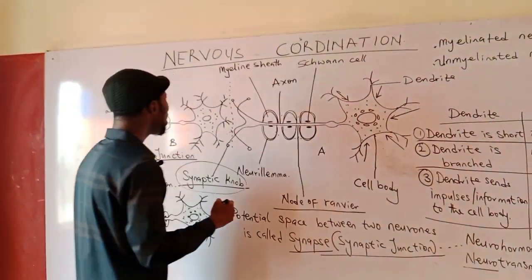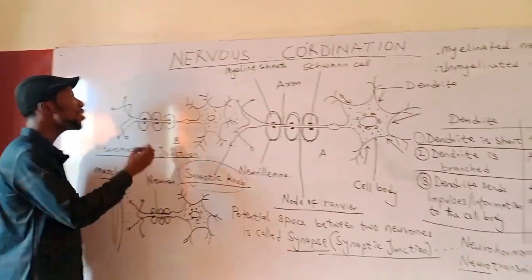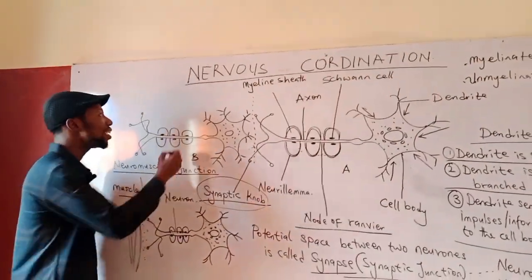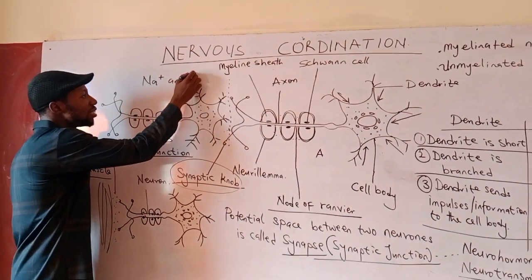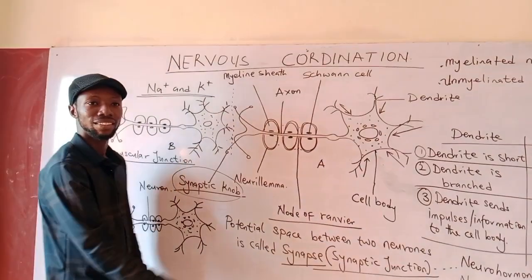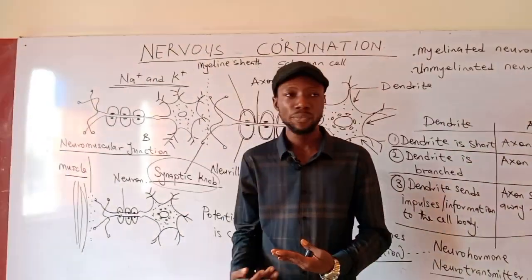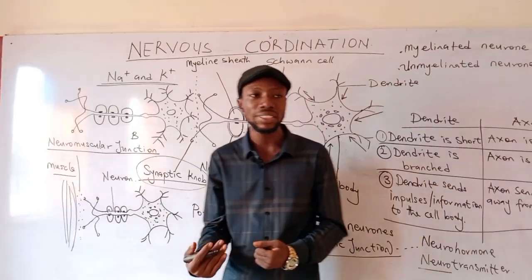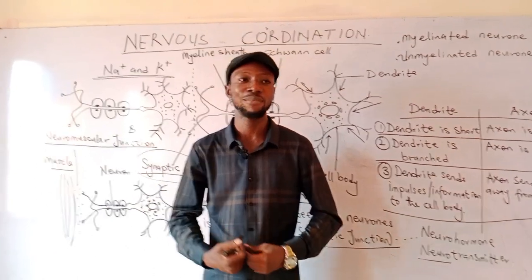Okay, the electrolytes used in transmitting impulses across the neuron in form of electric signals are the sodium ion and potassium ion. This is very important. These are important electrolytes necessary for transmission of impulses across the neuron in the nervous system.